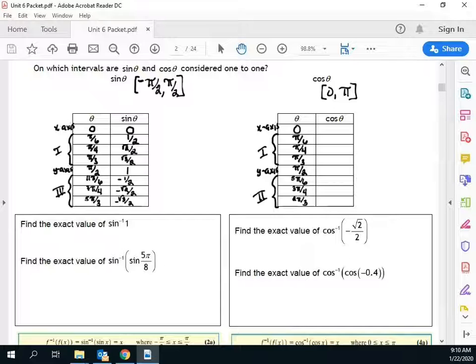Square root of 4 over 2. 1. Pi over 6. There you go. Pi over 4. Pi over 3.